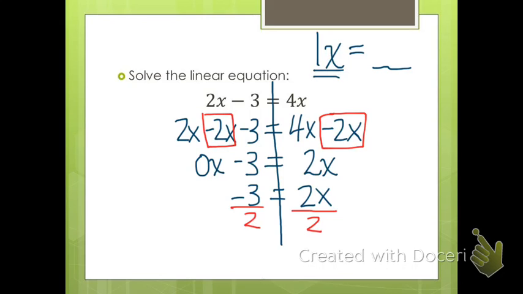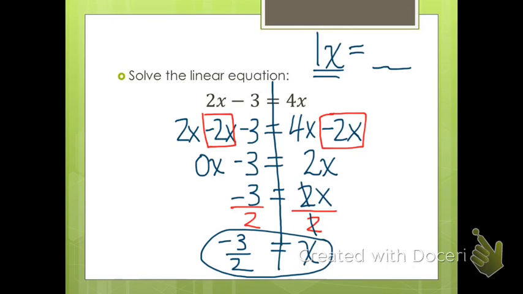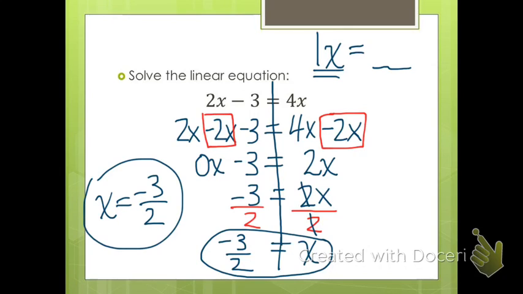So that gives me negative 3 over 2 is equal to 2 divided by 2 is 1, so this leaves me with x. So x equals negative 3/2. I can leave it like that, or I could say x equals negative 3/2 is the solution to this equation.